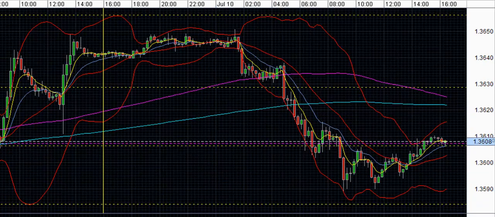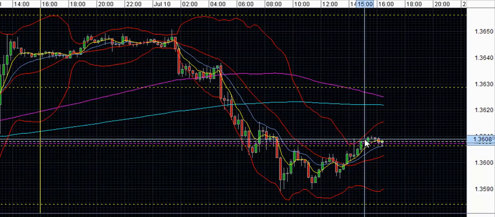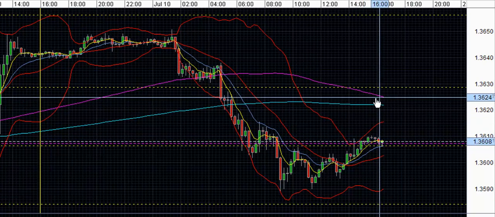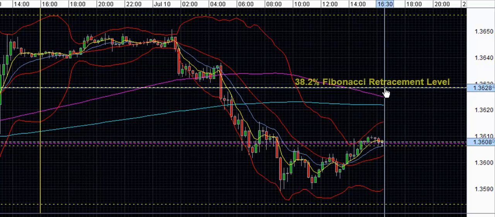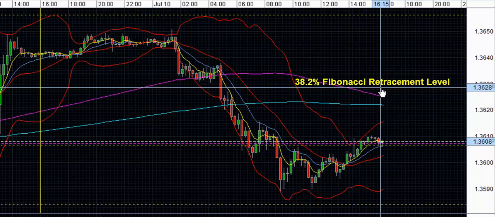So you can see here that if price comes up to these levels, we still have this resistance up here at the 38.2% Fibonacci retracement level at 36.29.